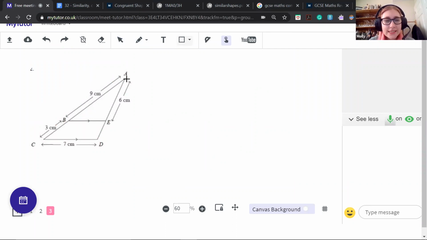Remember, all that means is that the big one is just an enlarged version of the smaller one. So our question here is going to be to calculate what BE is. What do people think, or does anybody have any ideas about maybe how to start it? Calculate the scale factor, exactly right.